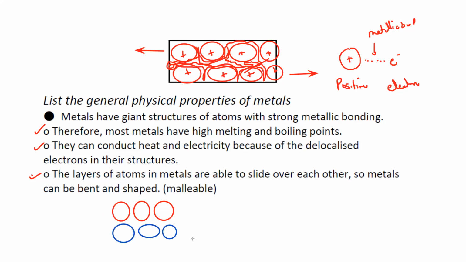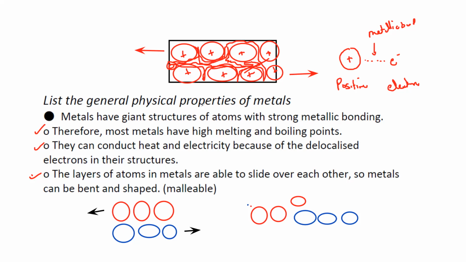One layer moves over the other. And as the layers slide over each other, the metal becomes a sheet, but the layers do not break. As you can see, one layer is sliding over the other. The layers do not break, and we call this material malleable. If the layers break, we call that brittle.